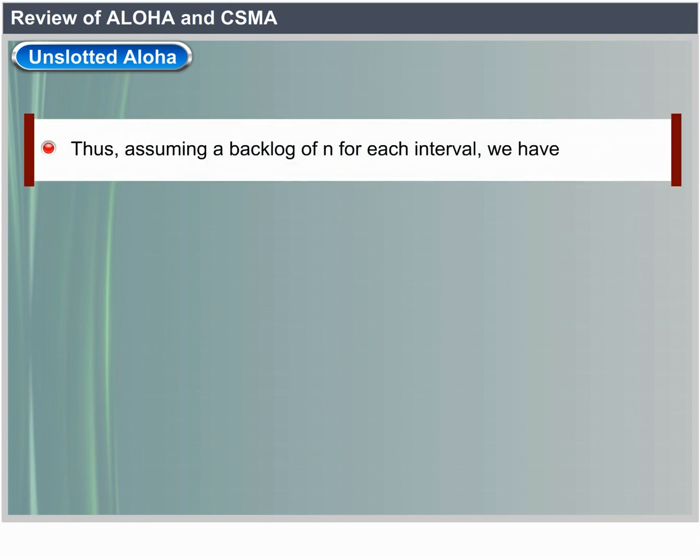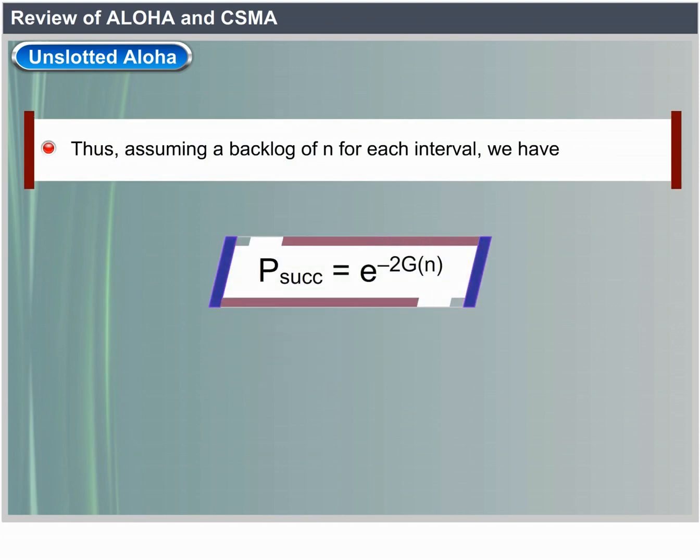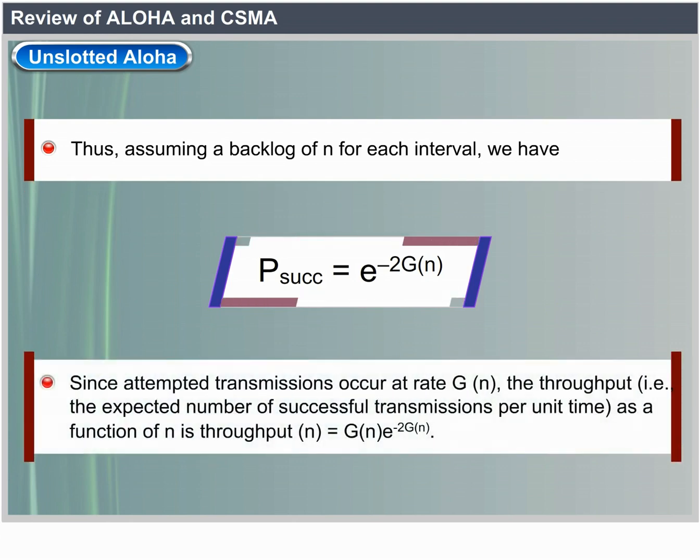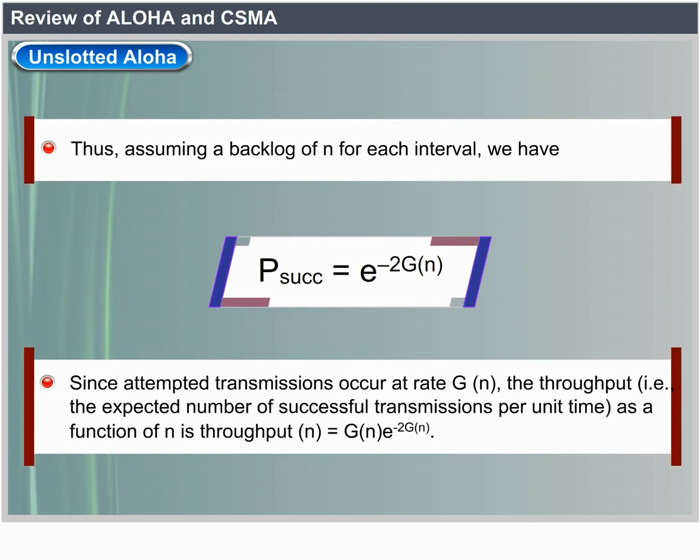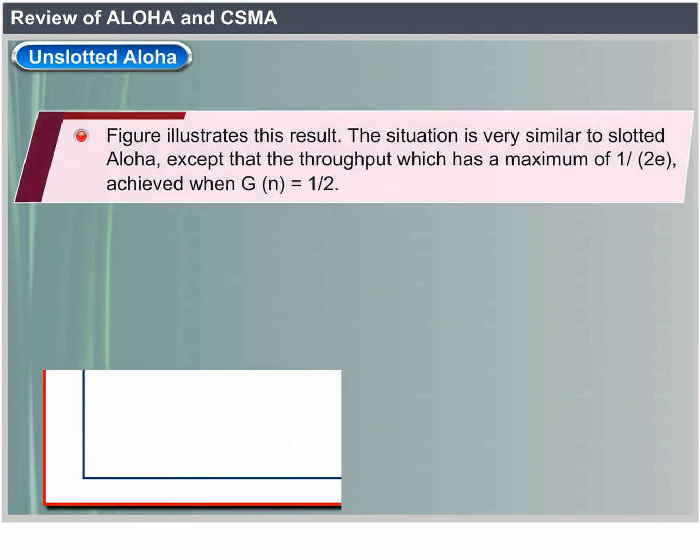Thus, assuming a backlog of n for each interval, we have P success equal to e to the power minus 2g. Since attempted transmissions occur at rate g(n), the throughput, that is, the expected number of successful transmissions per unit time, as a function of n, is throughput(n) equal to g(n) e to the power minus 2g(n). The figure illustrates this result.